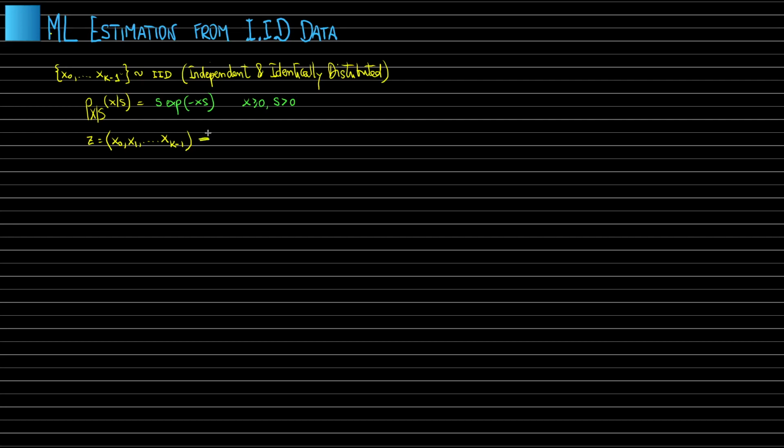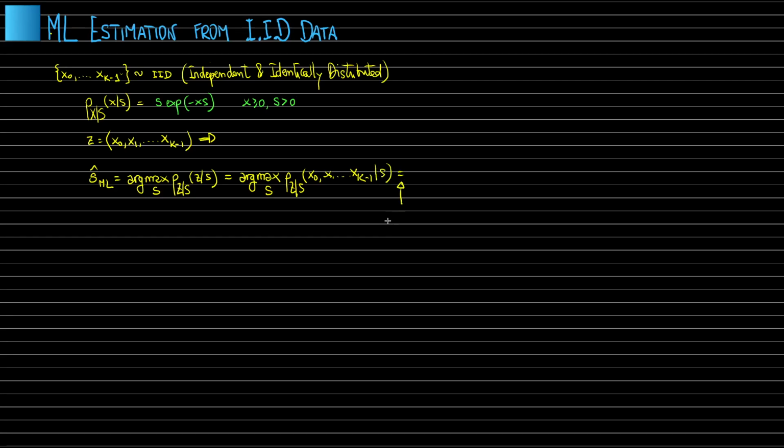In that case, we can apply the maximum likelihood principle and estimate the ML parameter as the value maximizing with respect to S the probability of the observations, in this case the vector x, given S. And this density function is the probability density function corresponding to all observations given S.